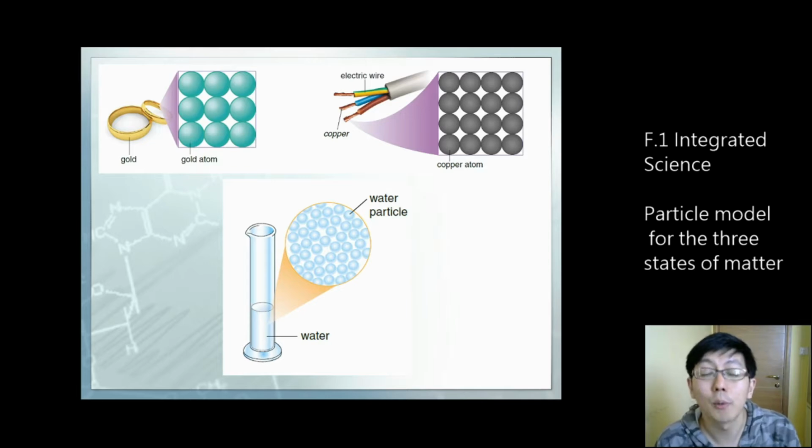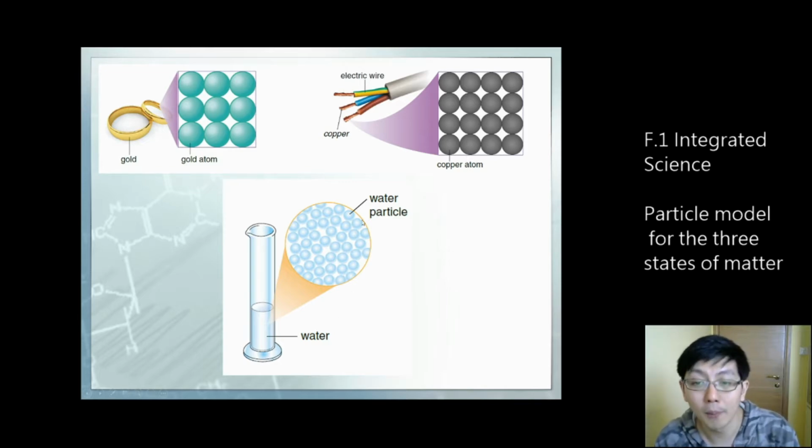So previously, when we studied particle theory, we just focused on matter being made of particles. If we magnify it, gold is made of gold particles, or more accurately, gold atoms. Copper is made of copper particles, or more accurately, copper atoms.